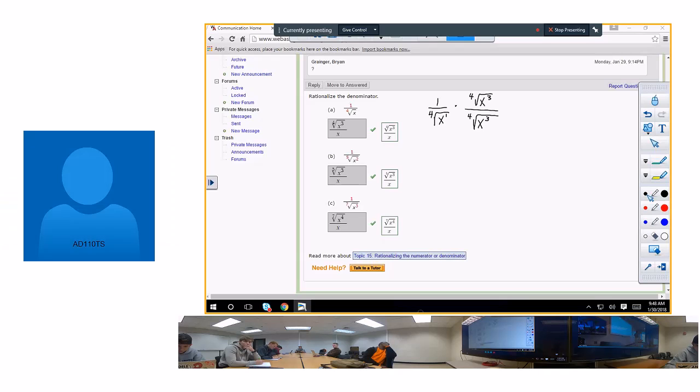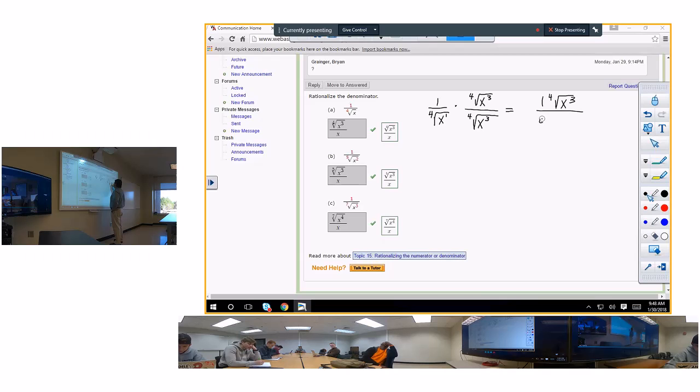X to the fourth. Add your exponents. So that would be 1 times the 4th root of x to the third over the 4th root of x to the 4th, which will be the 4th root of x cubed over x.